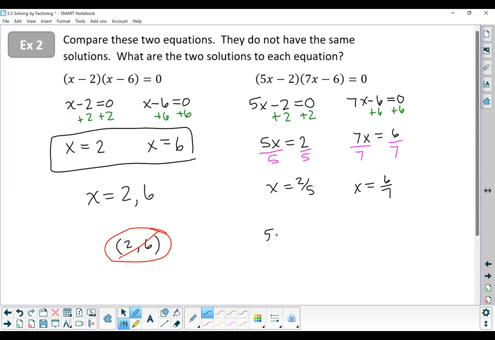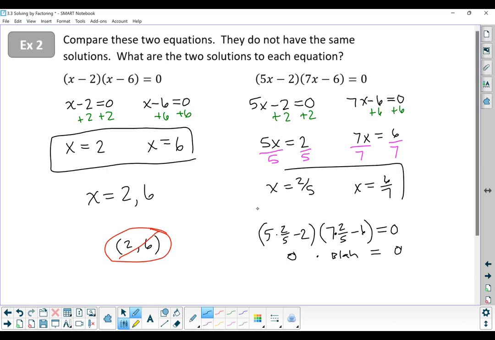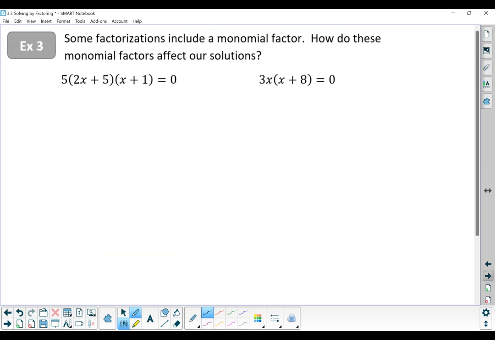You could always verify your answer by subbing in 7 times 2/5 minus 6. You could calculate that maybe in your calculator, but this first one is going to be 0. So it doesn't even matter what the second one is, because 0 times anything is 0. So you can always check your answers when you're solving equations. There are our two solutions, fractions.